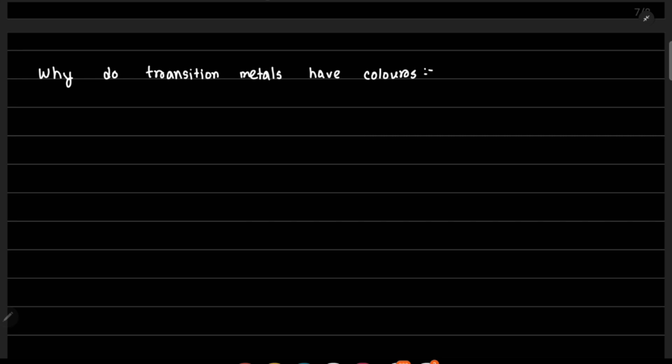Now a property of transition metals is that they form colored compounds and ions, and in solid form they are colored more often than usual. We have to find the reason for this. So transition metal complexes are colored because they have a non-degenerate d subshell.